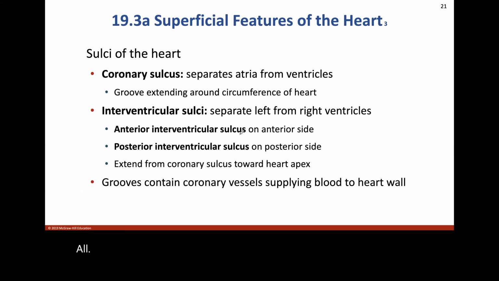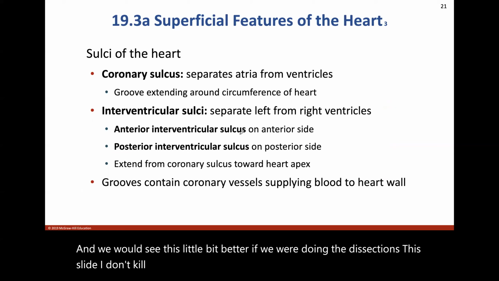We would see this a little bit better if we were doing the dissections. On this slide, don't kill yourself memorizing every single word.